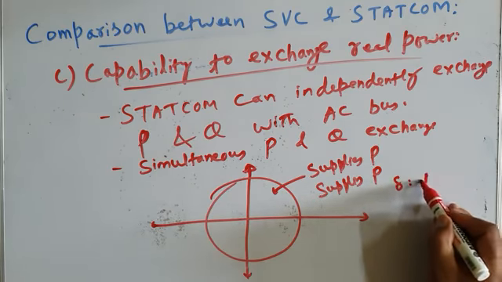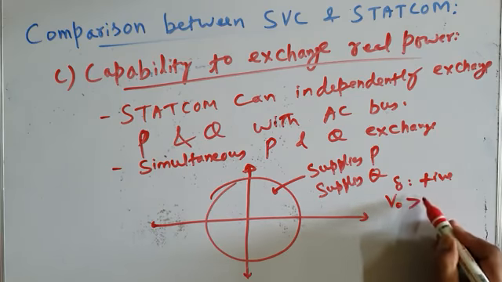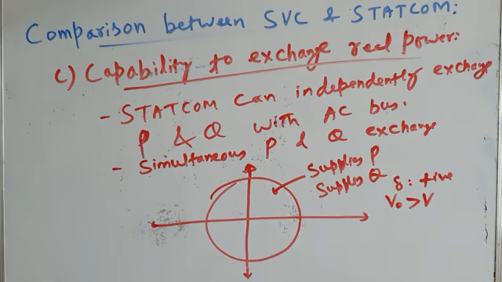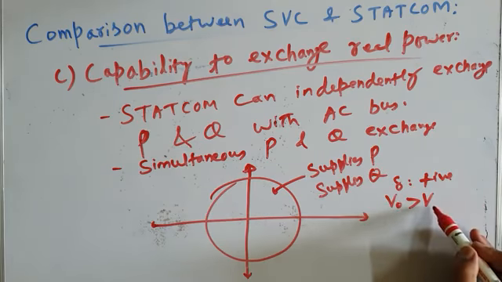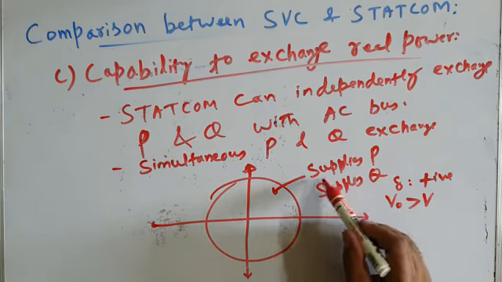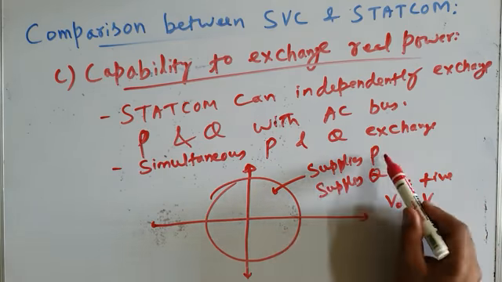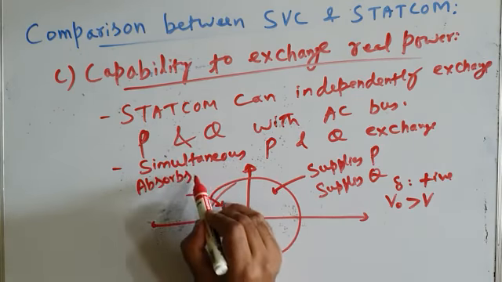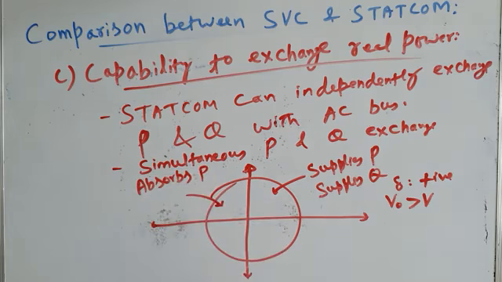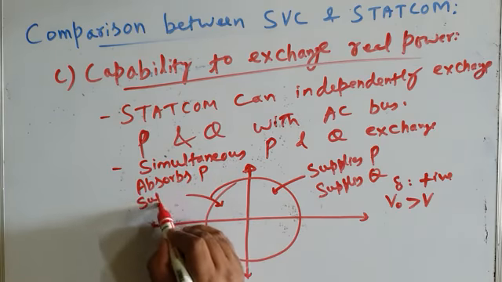That means V0 is leading V, and it supplies reactive power, this is Q, when the STATCOM inverter output voltage is greater than the bus voltage, right? So if these are the conditions, delta is positive and V0 is greater than V, your STATCOM will supply active power as well as reactive power. You can make your STATCOM absorb active power and supply reactive power if it operates in this quadrant. In this quadrant, it absorbs the active power and supplies reactive power.